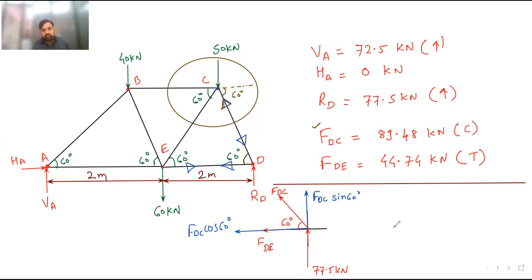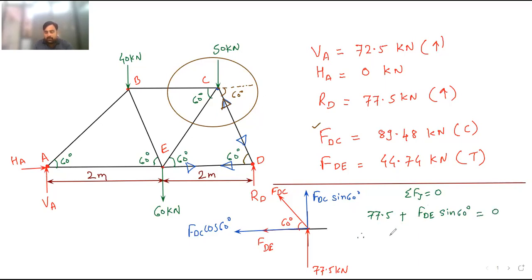So now when we apply summation Fy equal to 0 over here, what do we get? Here 77.5 moving upward, plus FDE sin 60, which is equal to 0.